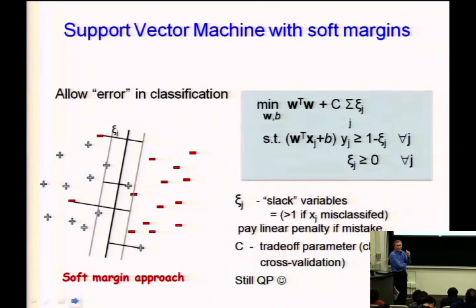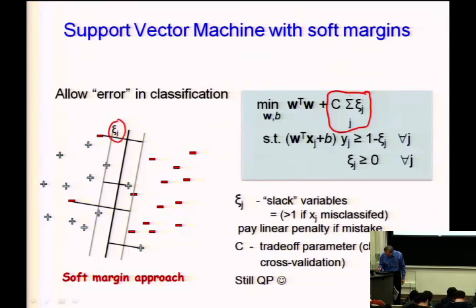So this is what we call the soft margin support vector machine. And here you see what we've done is we've added in this term that's going to capture mistakes with this Greek symbol C. And what C is for any given training example, so this is the sum over training examples.